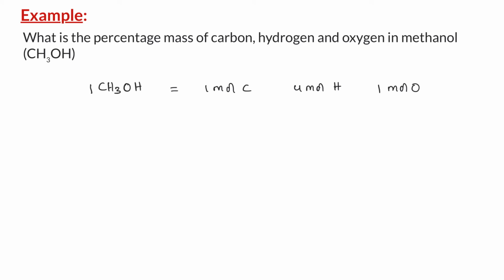The mass of 1 mole of carbon is equal to 12.01 grams, which is the molar mass of carbon atoms, the mass of hydrogen is equal to 4 times the molar mass of hydrogen atoms, which is 1.008 grams, and mass of oxygen is equal to 16.00 grams.